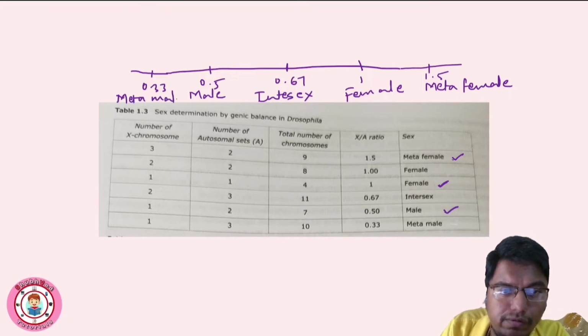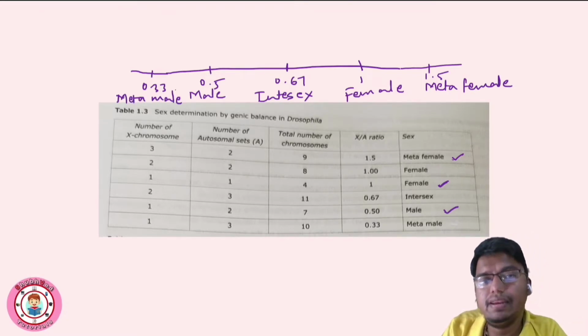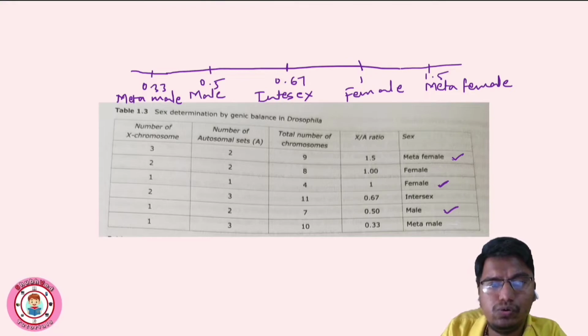So we have to remember that a ratio of 1 is female and 0.5 is male. Between these is intersex, beyond 1 is meta female, and beyond 0.5, that is 0.33, it is meta male. So this is the ratio overall.